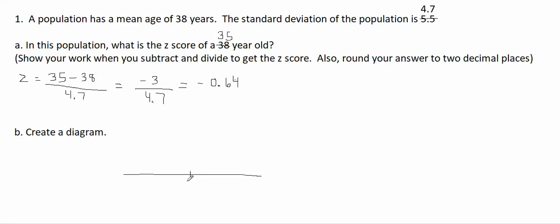So what we'll do is we'll put the mean of 38. We'll put its z-score, which is 0. The mean always has a z-score of 0. And then here, we'll mark off plus 1, plus 2, those two z-scores.